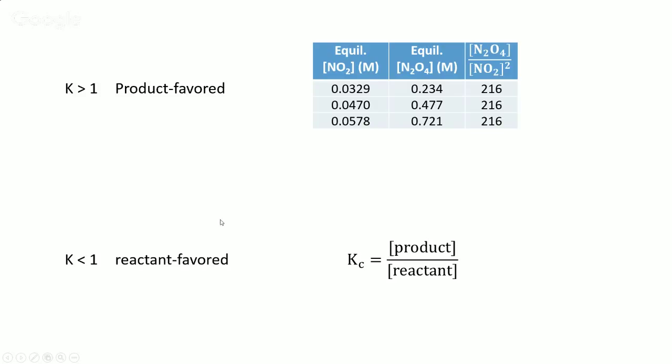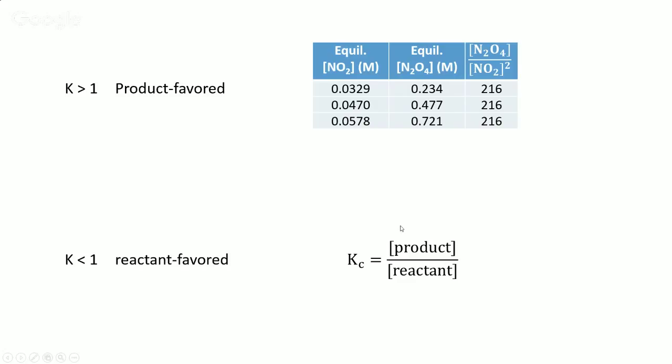If the reverse direction is the one that's favored, that means you're going to have a greater concentration of reactant once you reach equilibrium. So the bottom part's bigger than the top part, which means you're going to be less than 1. So like I like to say, don't let the chemistry throw you. This is just ratio talk. That's all we're doing. All we're talking about is ratios.